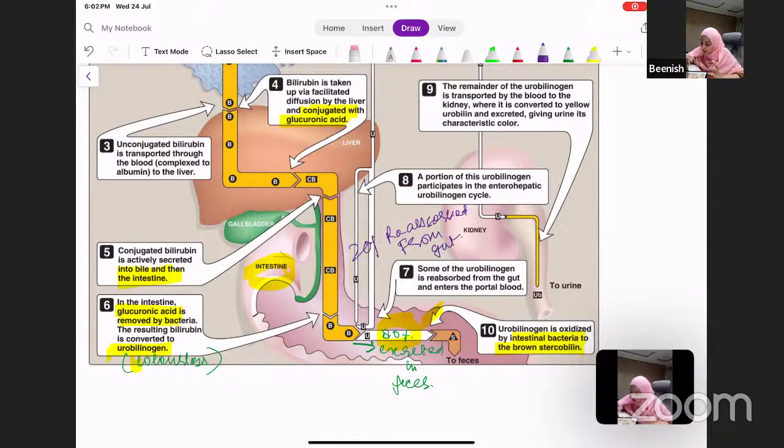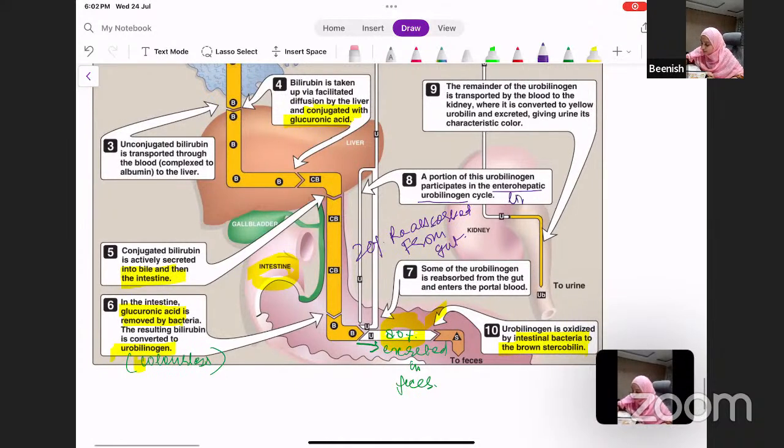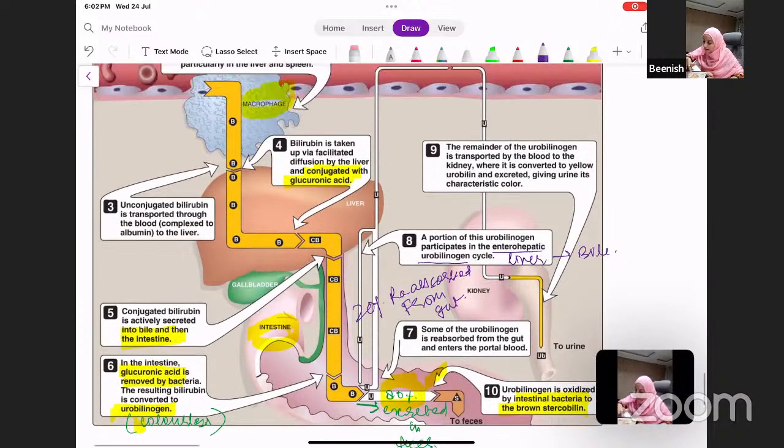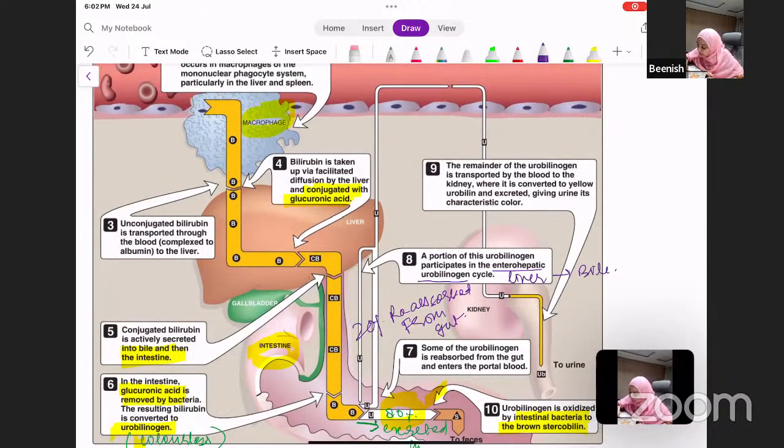Out of which, partly a portion of the urobilinogen participates in hepatic circulation, in the enterohepatic urobilinogen cycle. So from the liver, it is again entering the bile. And partly, the remainder of the urobilinogen is transported by the blood to the kidney, where it is converted to yellow urobilin and excreted, giving the urine its characteristic color.